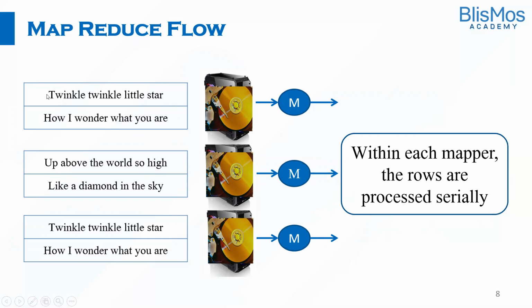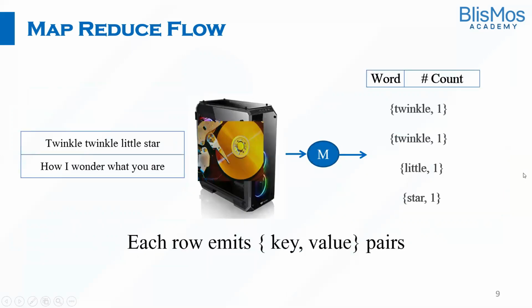This mapper takes this line as an input first, processes it, and comes to the second line and processes it. So within each mapper, the rows are processed serially, but between the systems, the mappers are processing the data in parallel.